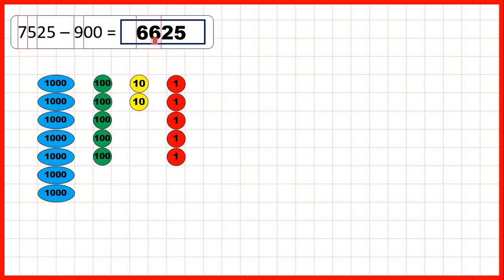Or with place value counters, we're taking away the 500s that we start with, then we're exchanging, and then we're taking away 6, 7, 8, 9 to leave us with 6 thousands and 6 hundreds in our answer, with the tens and ones digits staying the same because we weren't subtracting any tens or ones, only subtracting hundreds.